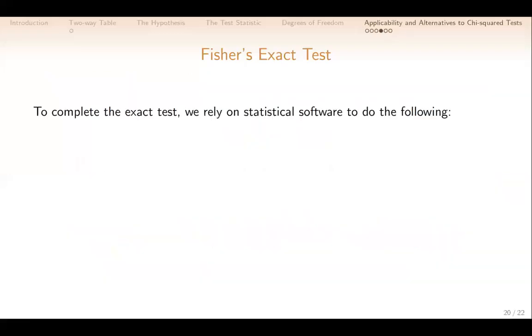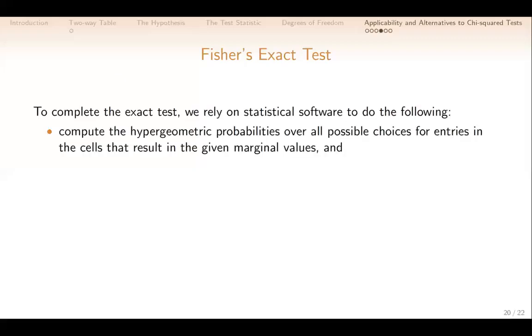Okay, so to do the test, you have to rely on software, and this is what the software does. It computes the hypergeometric probability over all possible choices for entries in the cells that give the marginal values. That's not completely true. If the numbers are small enough, then it can compute that whole hypergeometric function for you.